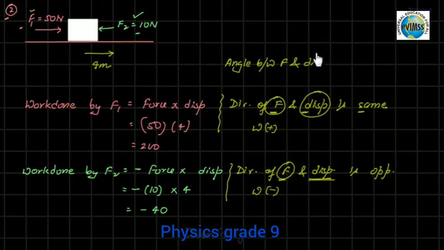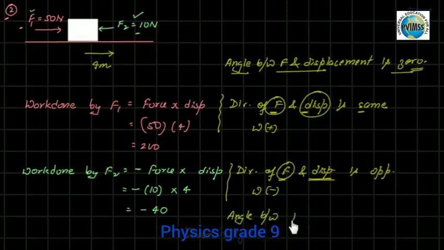Sometimes people say that when the angle between force and displacement is 0, then the work done will be positive, as in this case F1 and displacement are making an angle of 0. Now F2 and displacement are making an angle of 180 degrees.